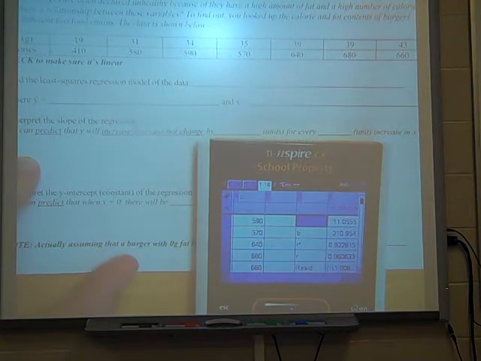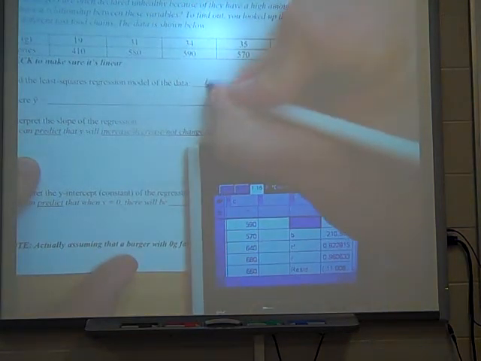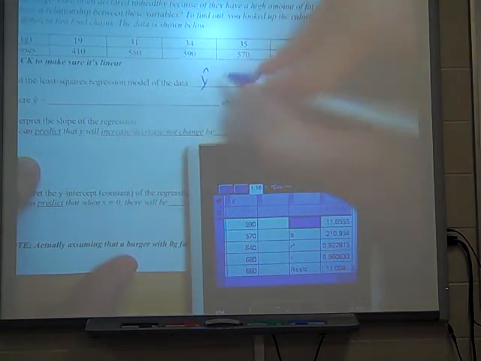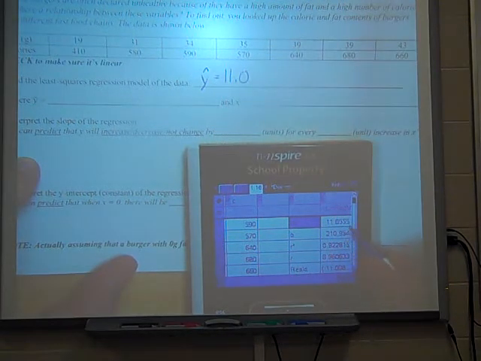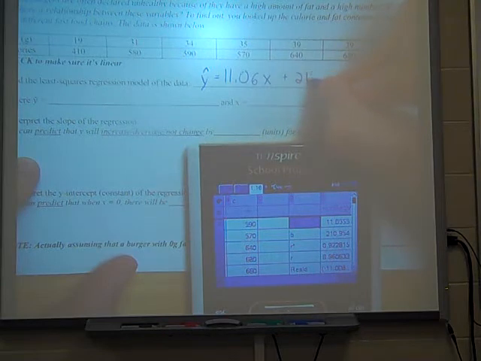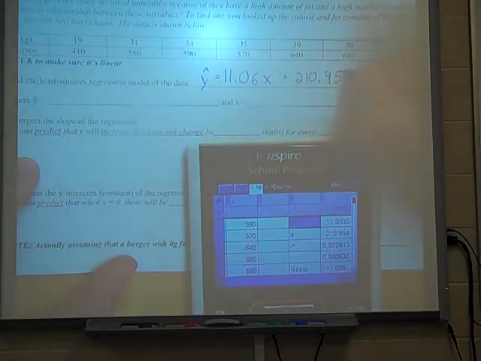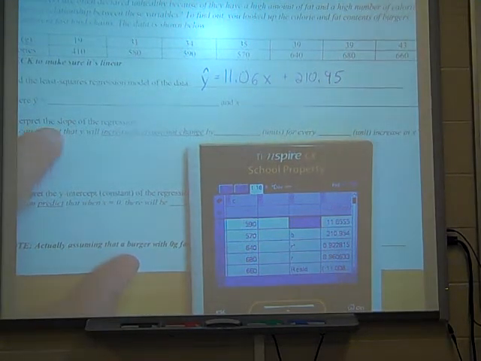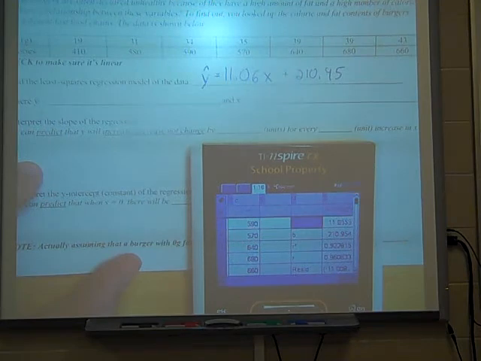So, y hat equals 11.06x plus 210.954. So let's keep that at 0.95, just round that down. So 11.06x plus 210.95.